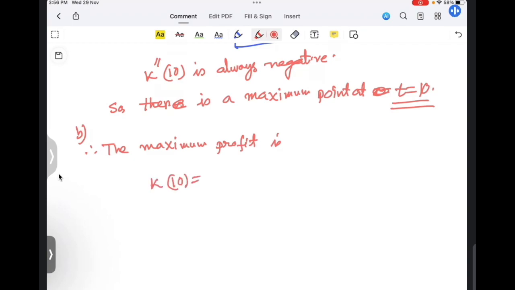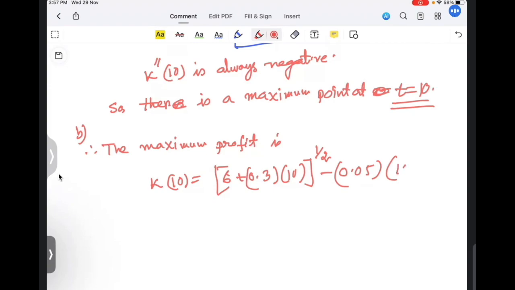Therefore the maximum profit is k(10) equals (6 plus 0.3 into 10) to the power half minus 0.05 into 10.